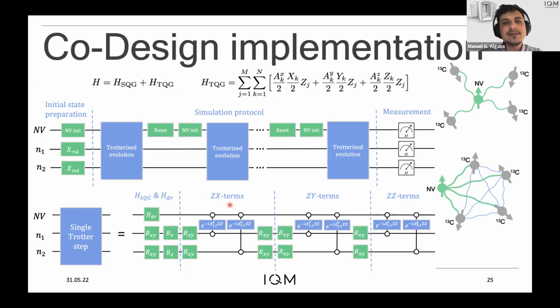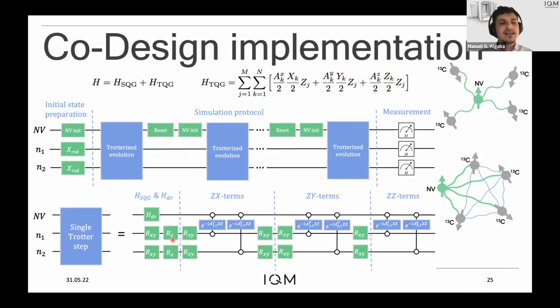Then we go for the ZX terms, that would be these ones, then the ZY, and then the ZZ. This ZZ can be implemented natively with the gates I showed you, as I said, because it's just an exponential of this ZZ and it's parameterized. But these ones you need to rotate in order to obtain this XZ and this YZ.